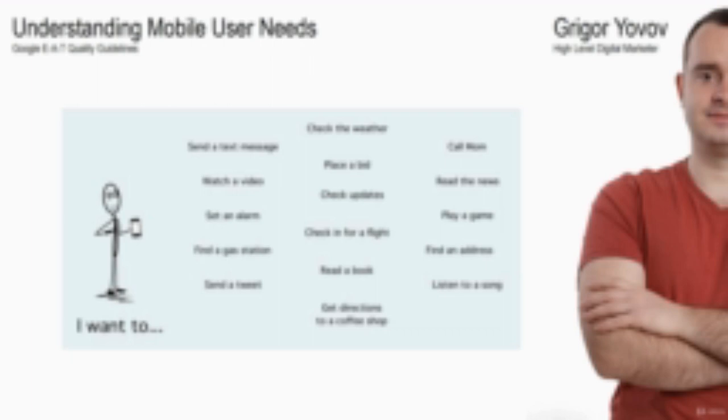So Google understands that we can have different purposes and different intentions when using our smartphones. Let's say send a message, watch a video, set an alarm, find the gas station, send a tweet, read a book, play a game, read the news, call mom, find an address, etc.